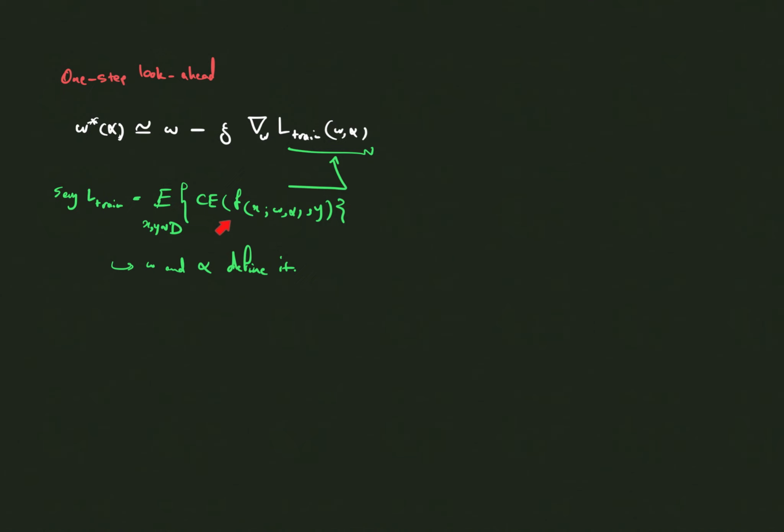This, for example, could be a cross-entropy criterion, in which F would be your model, taking X the observation, and parameterized by omega and alpha, it would predict logits for it, and then we would compare them with the given label Y and compute the cross-entropy result. So what that means is that given that these X and Y would be, let's say, empirical risks and would be computed based on the data, ultimately the L train would be a function of omega and alpha.